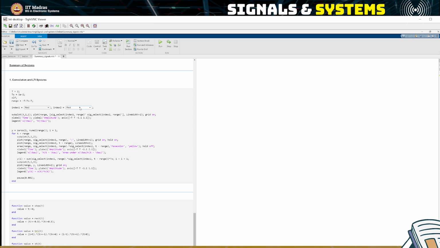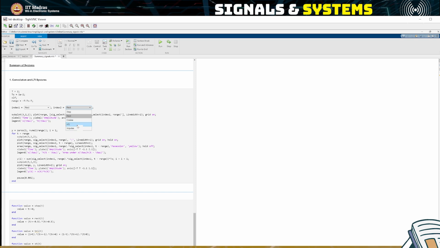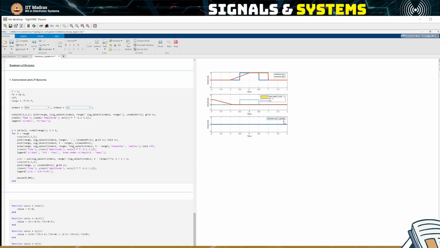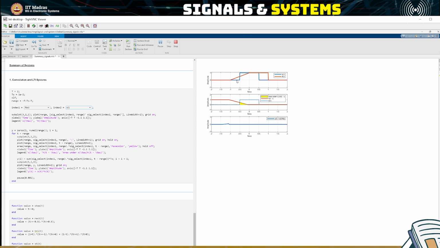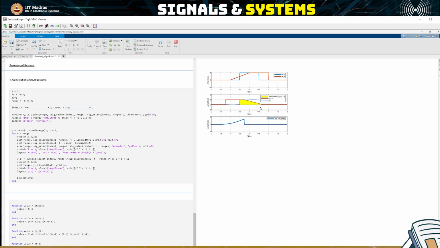Now let us try to convolve this with a non-symmetric signal. So now we have here x of t, which is a rectangular function, and h of t, which is now the non-symmetric signal which we often keep seeing in our examples. Same thing, flip h of t. You can clearly see that h of t is now flipped, and then it is moved from left to right.